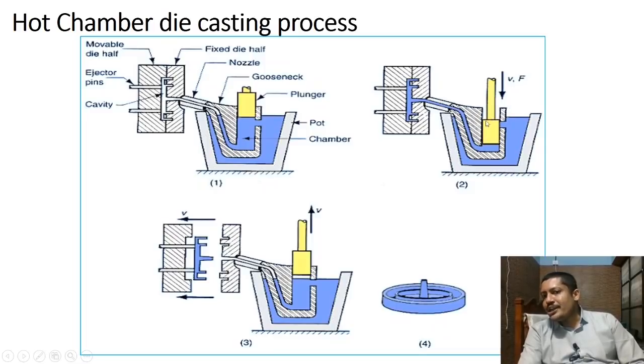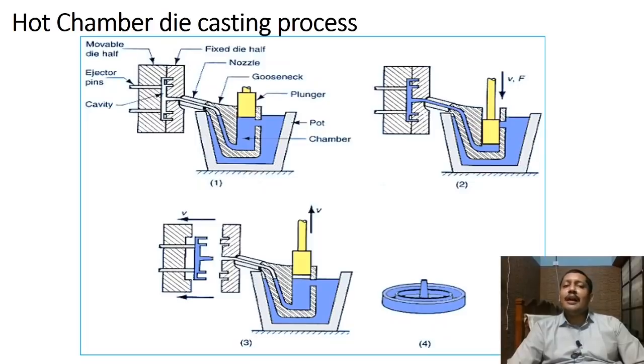Till the solidification happens, you will keep this plunger in its position, and once the solidification happens, you move the plunger back. You eject the part out by using the ejector pin. And the final part is shown over here. Later, runner, riser, gating, anything else there, you have to trim off from the cast.